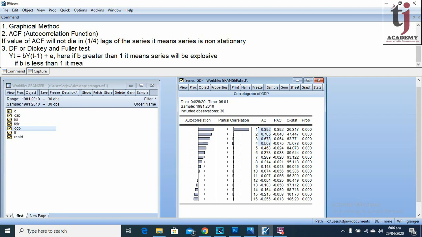it means the effect of lag values will die out and the relationship between current and lag values will be no more.